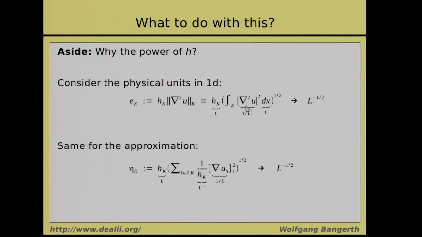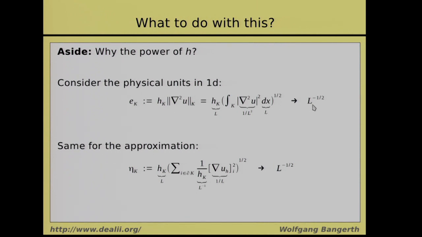The integral of this term here, so the second derivatives of something is something like d squared u over dx squared. So x has unit lengths. So this gives me a 1 over L squared, which I square, gives me 1 over L to the 4. My dx in 1D has just 1 power of lengths. So I get L to the minus 3 for the entire integral. L to the minus 3 over 2 when I take the square root. So length times length to the minus 3 over 2 gives me a length to the minus 1/2.